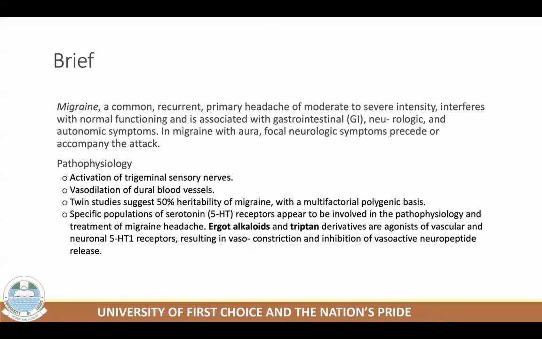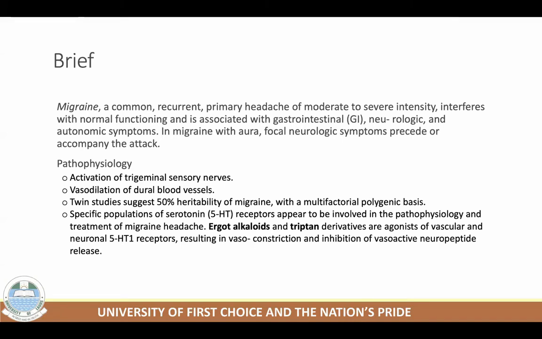The inflammation that results from vasodilation of dural blood vessels still causes further vasodilation, resulting in more pressure in the brain, resulting in more pain that leads to more inflammation.